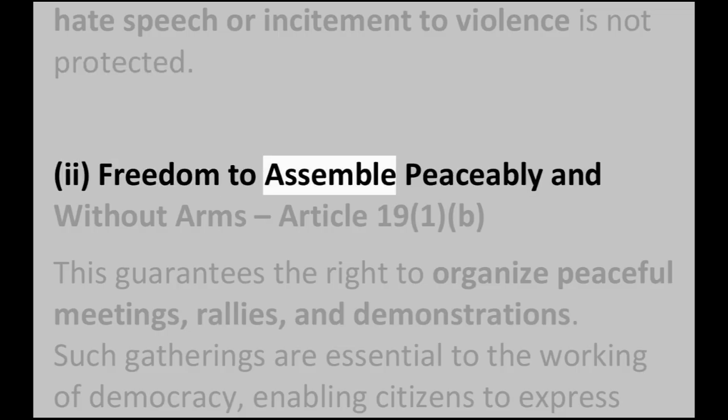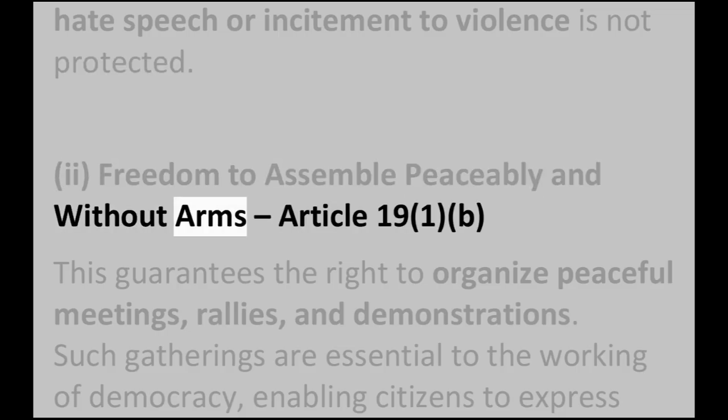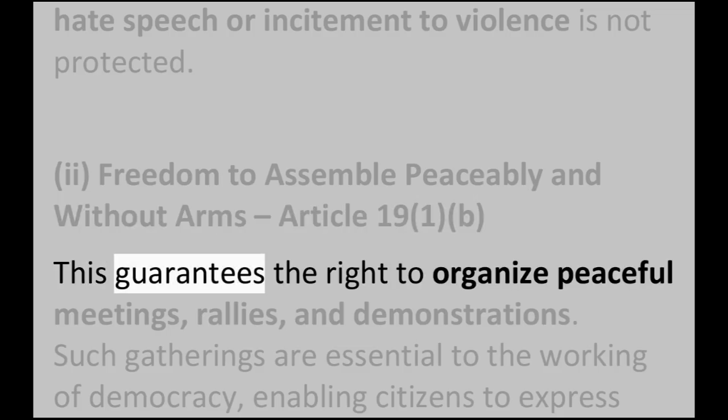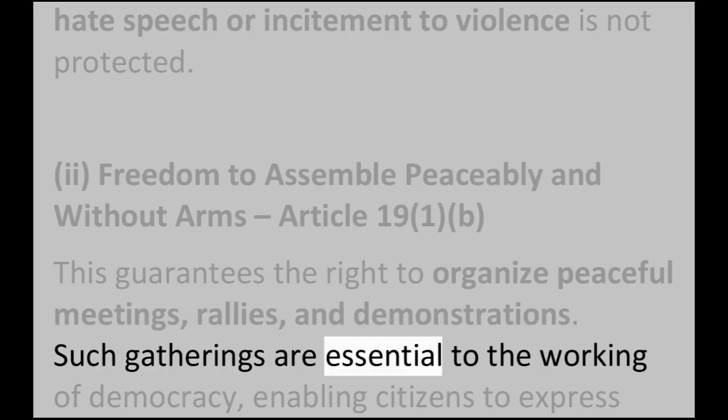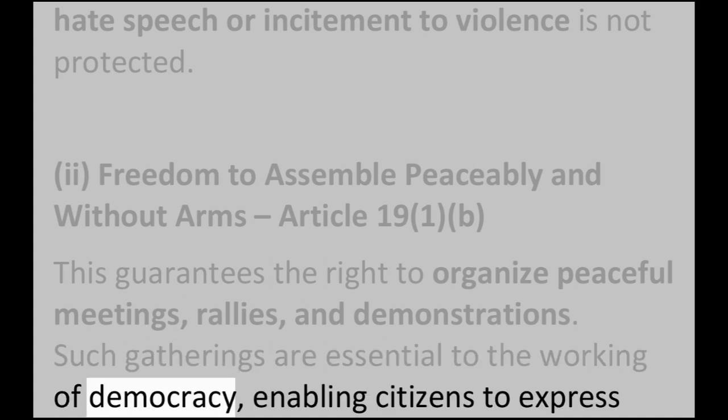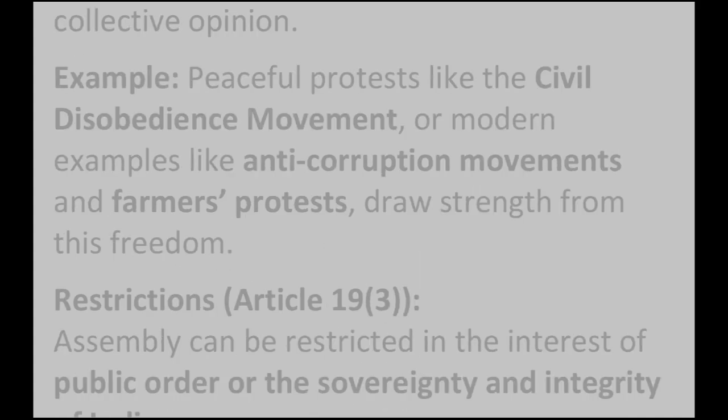2. Freedom to assemble peaceably and without arms, Article 19(1)(b). This guarantees the right to organize peaceful meetings, rallies, and demonstrations. Such gatherings are essential to the working of democracy, enabling citizens to express collective opinion.